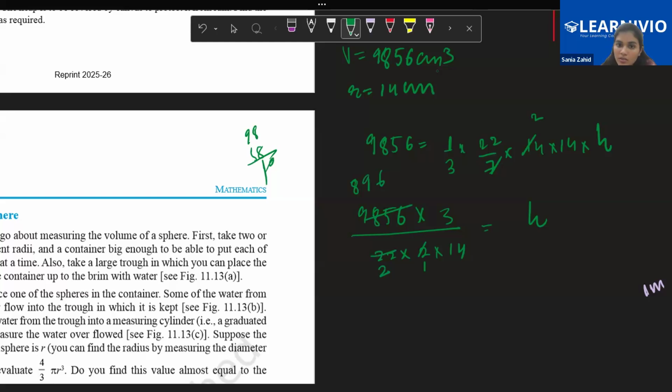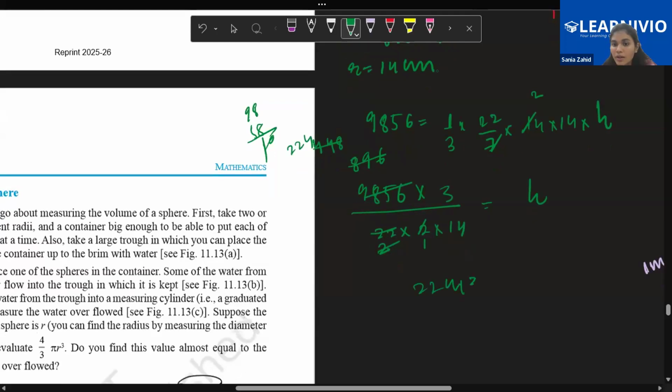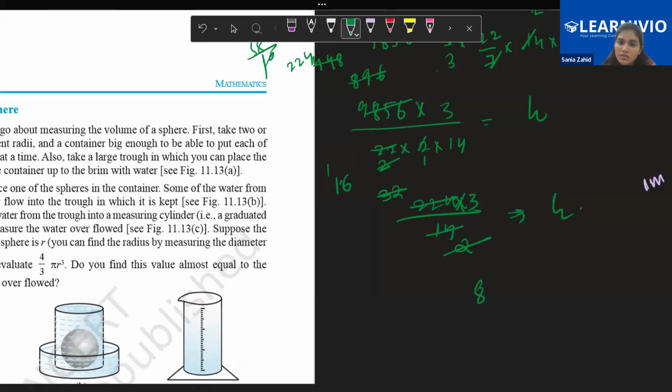Then 2 into 1, 2 into 2, 2 into 2, and 2 into 4. 224. So you got 224 into 3 by 14. Check directly by 14 only. 7 into 2 is 14, 7 into 3 is 21, 7 into 2 is 14. So the height becomes 48 centimeters.